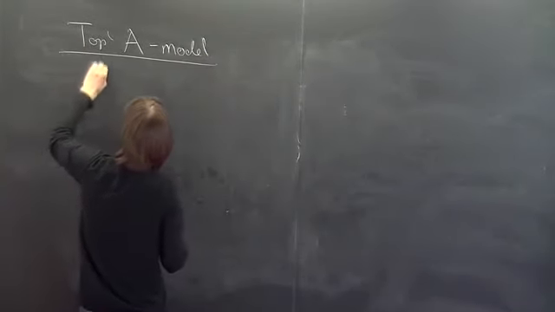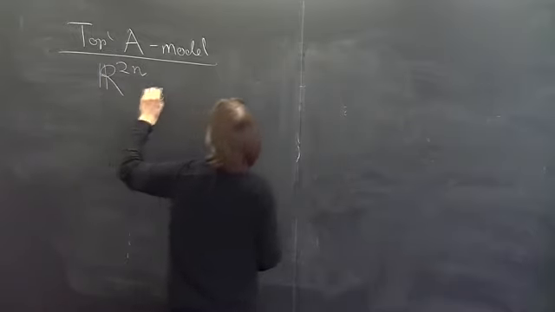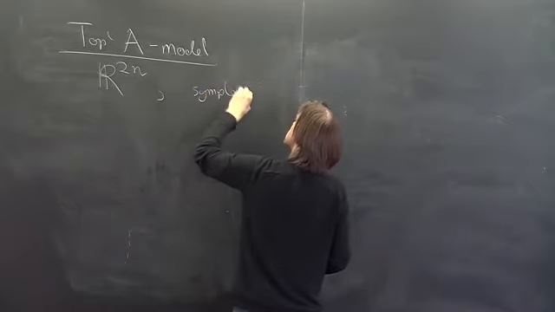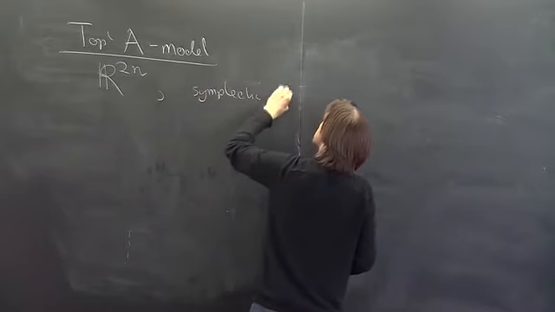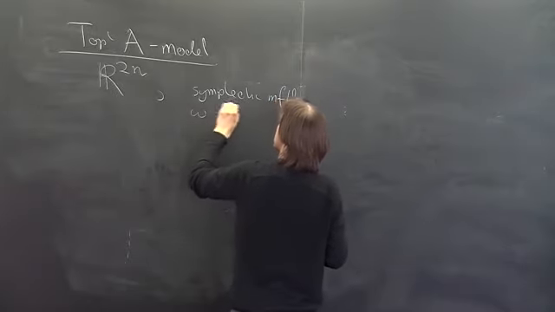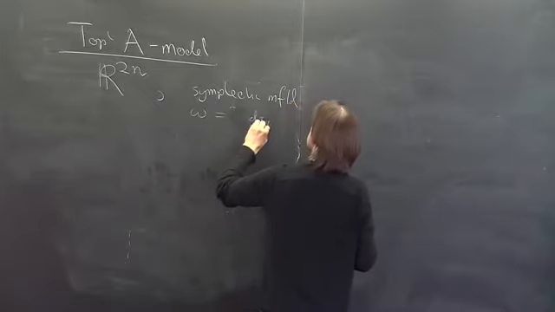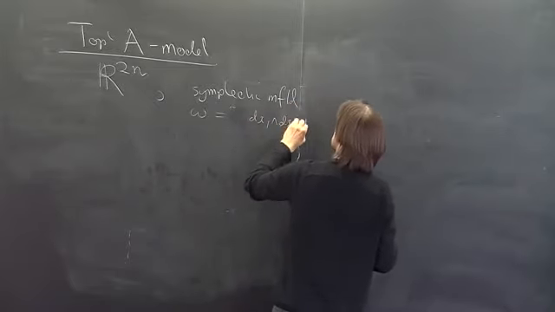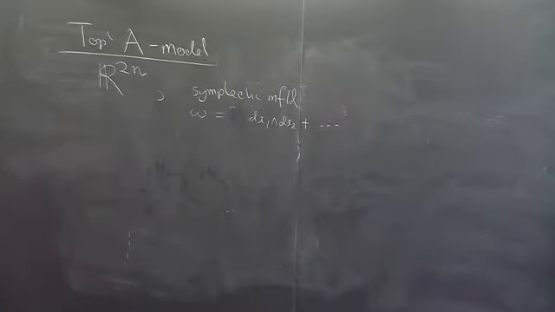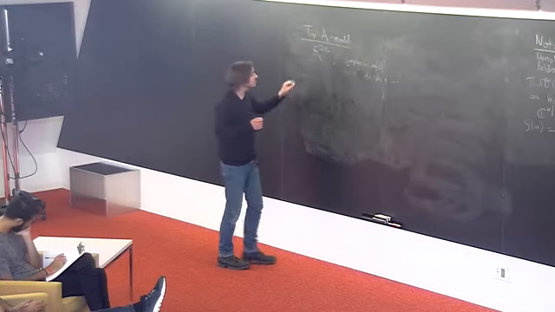So let's consider R^2n and view this as a symplectic manifold, with some non-degenerate two-form. So we're going to define the topological A model on this manifold.